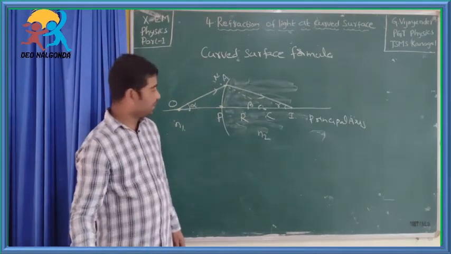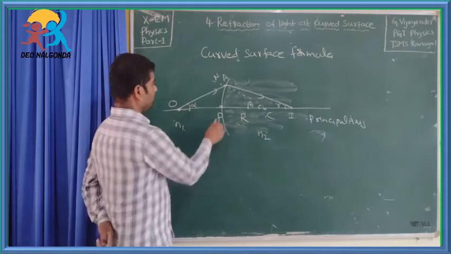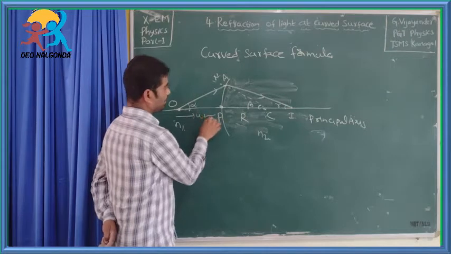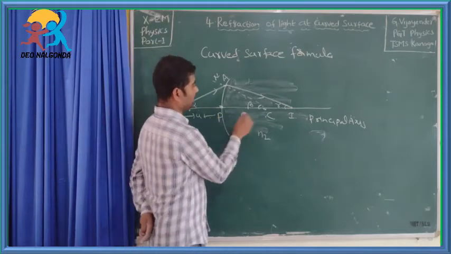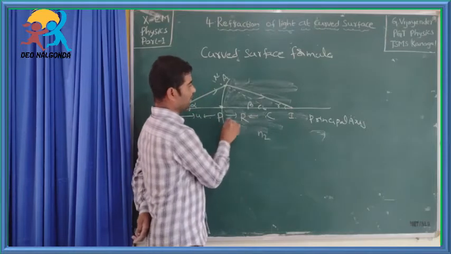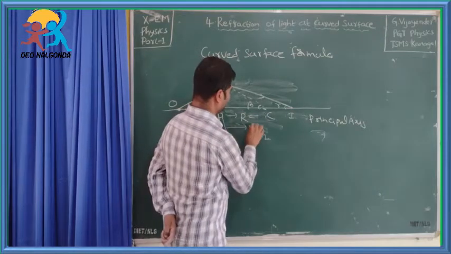Now, the distance between pole P and object is called object distance u. The distance between pole and center of curvature is called radius of curvature. The distance between pole and image is called image distance v.